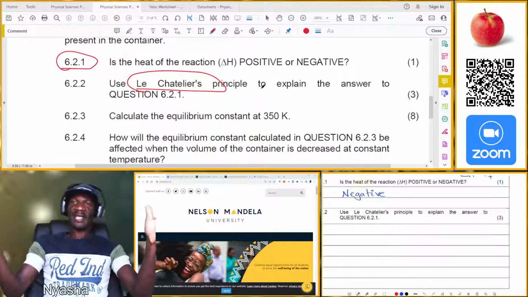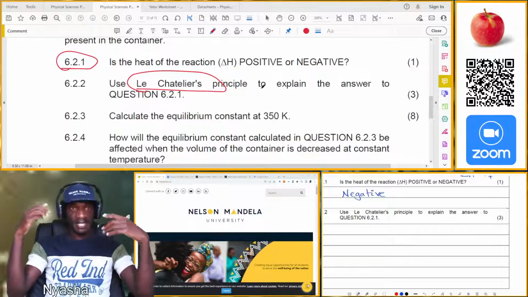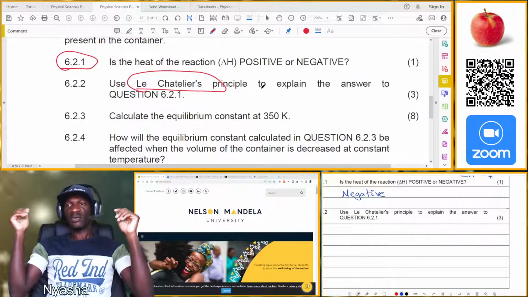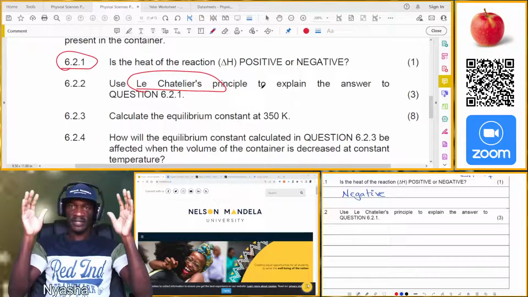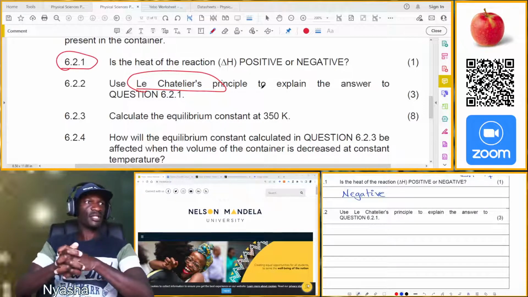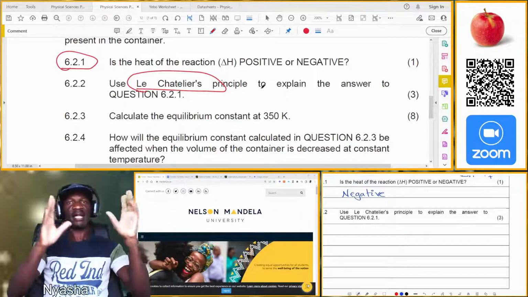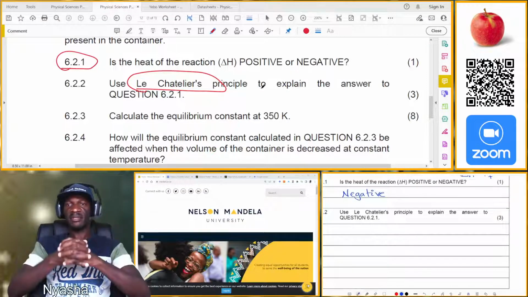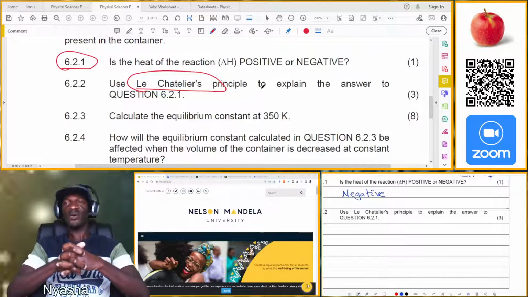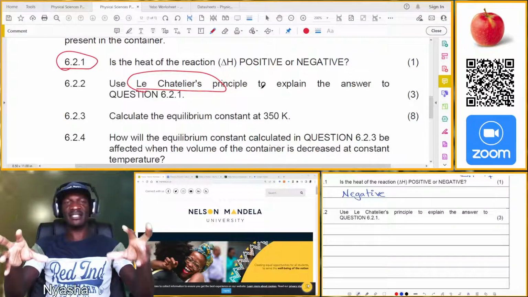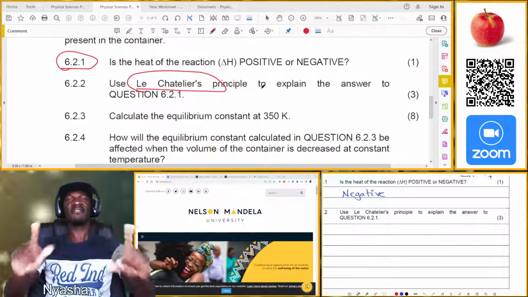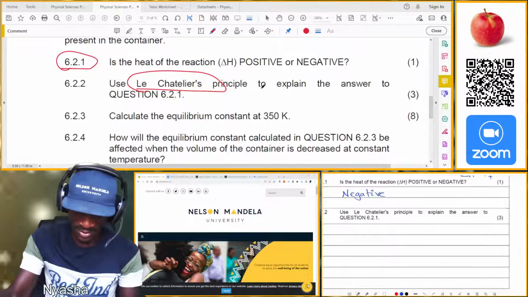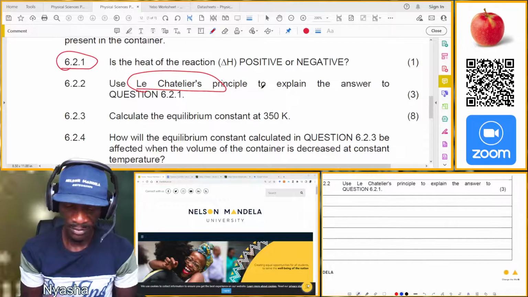You can go read that, or I'm sure you already know it by now, that according to Le Chatelier's principle, the equilibrium of a reversible chemical reaction shifts in a certain direction that counteracts the change in temperature in this case. So the equilibrium shifts in such a way that the reaction that counteracts the change in temperature is favored, isn't it? That is what is taking place in this process.